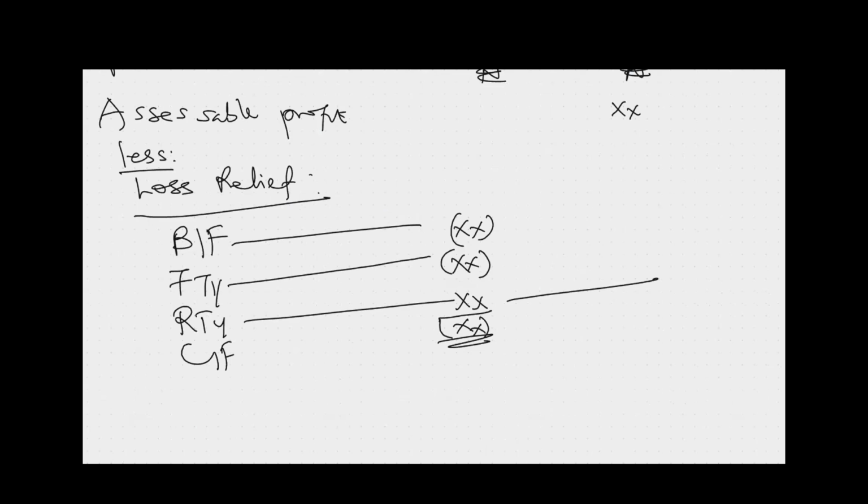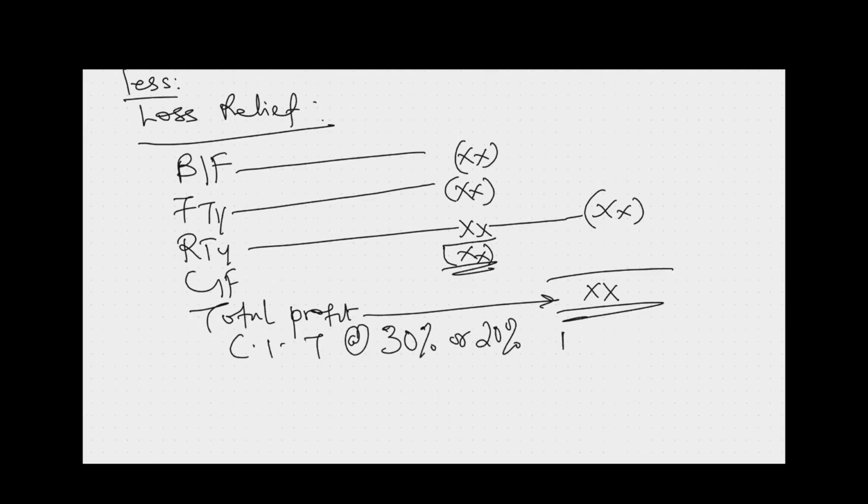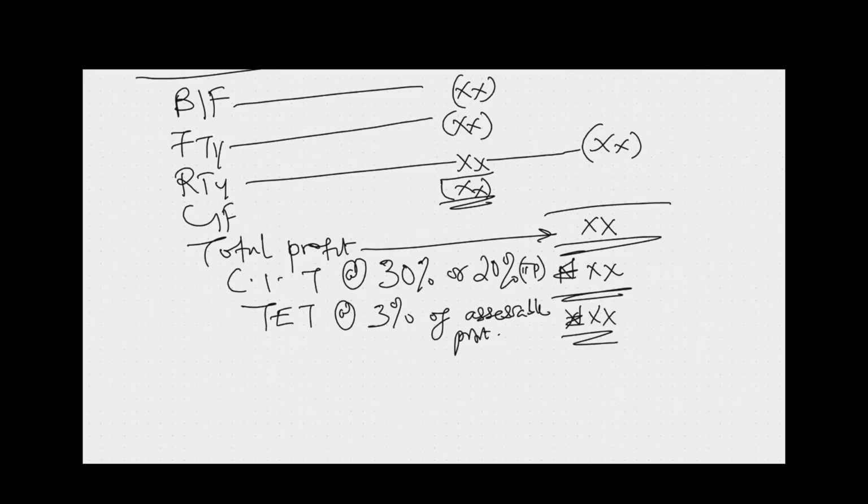They have total profits, multiplied by the rate. Your company income tax is at 30% of total profits, while your tertiary education tax is at 3% of assessable profits. Let's go.